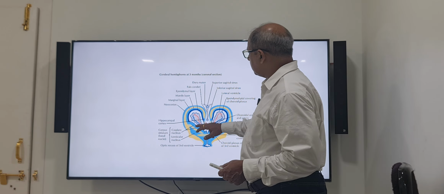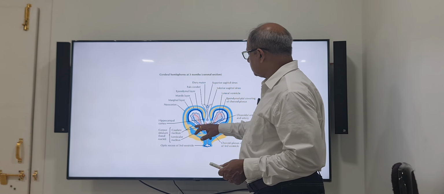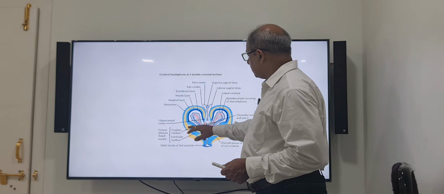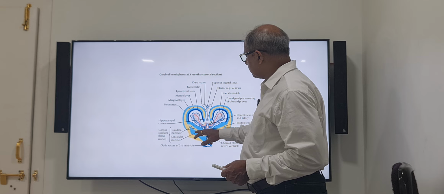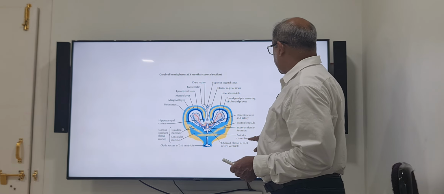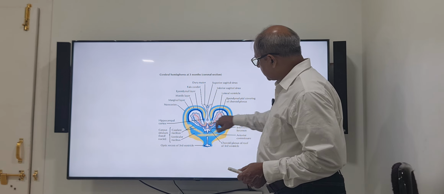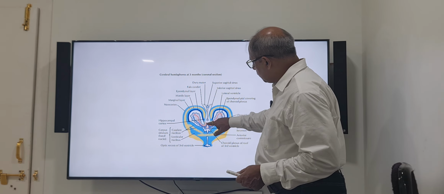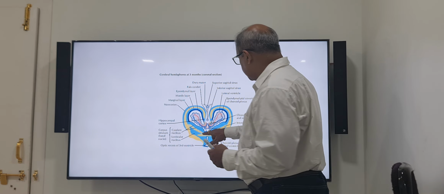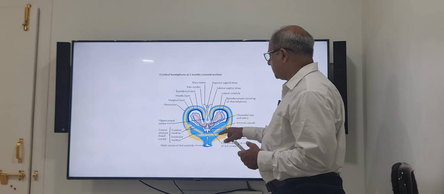One, related medially, is the caudate nucleus, and there will be a small area. After that, there will be a collection of more nuclei. This is the lentiform nucleus on both sides, and both sides are connected by a commissure. So there is one commissure here. Commissure means connection, and another connection is here.